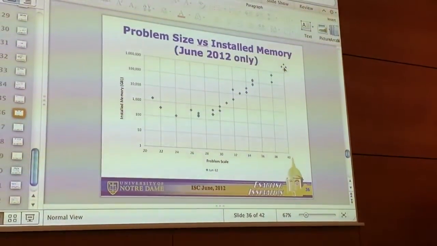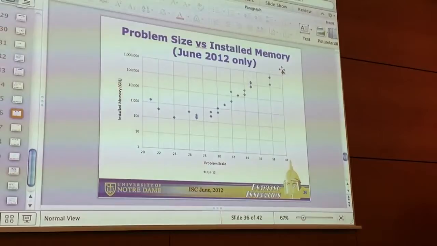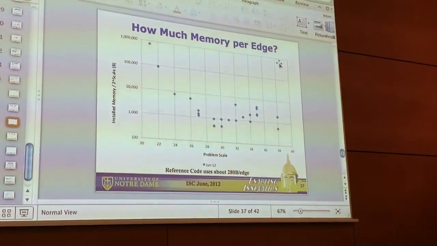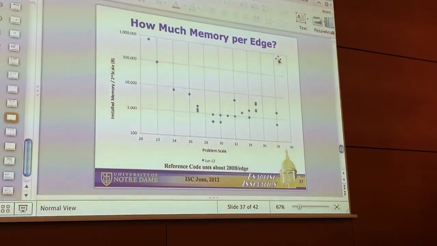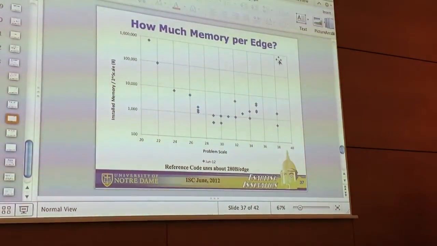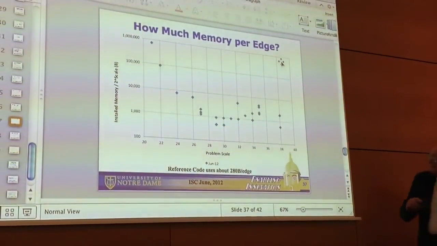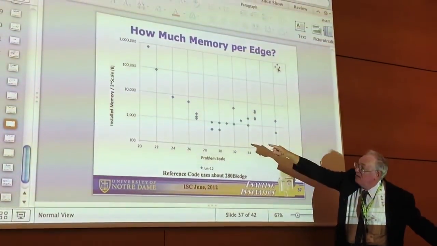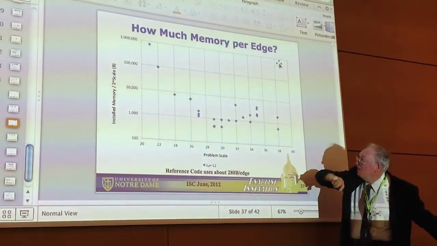And then I think the other point that was really interesting is how much memory we are using out of the entire installed memory of the system. So what I did was take the problem size, compute the number of edges, and divide that into the installed memory as reported on the system.